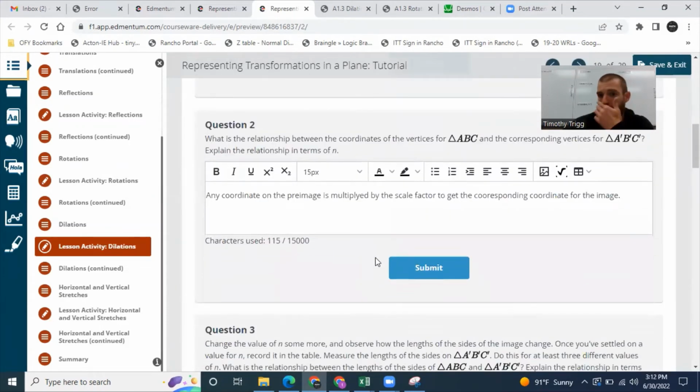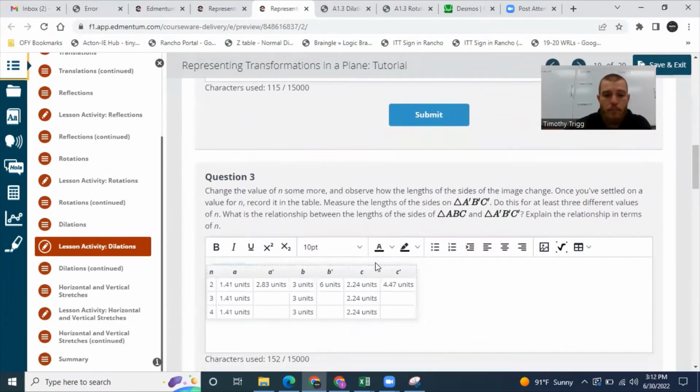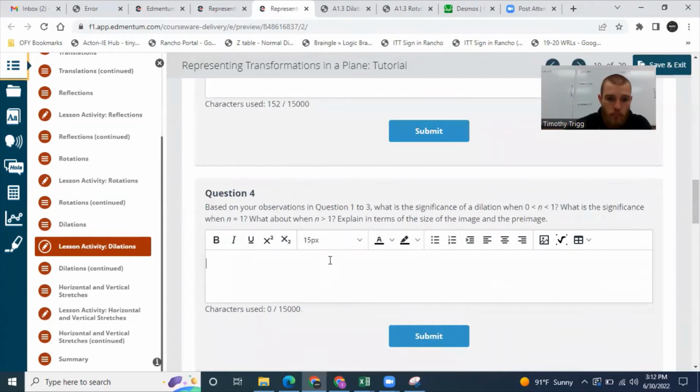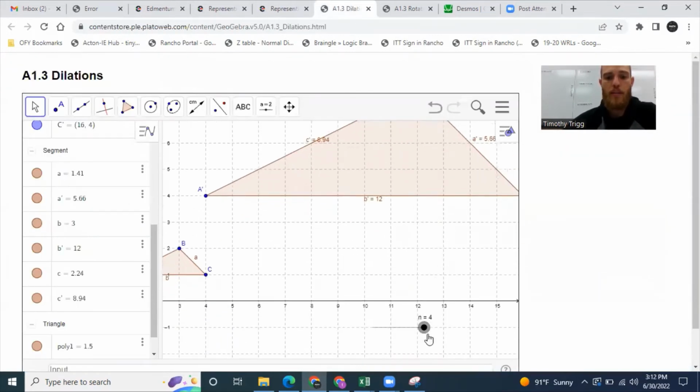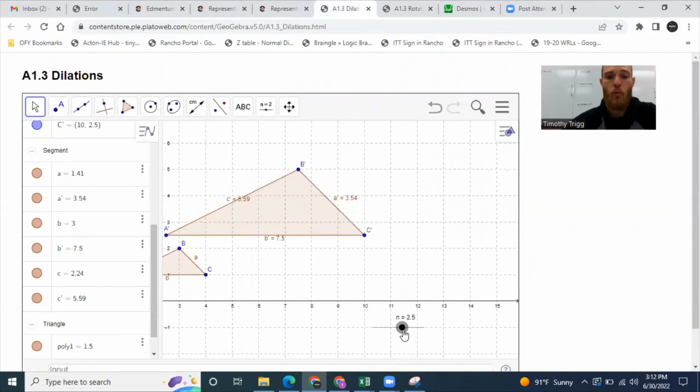Well, a couple of things here. All the scale factors we worked with so far have been n greater than 1. Now, what happened when we made a scale factor greater than 1, like when we had a scale factor of 2, 3, 4, or whatever?